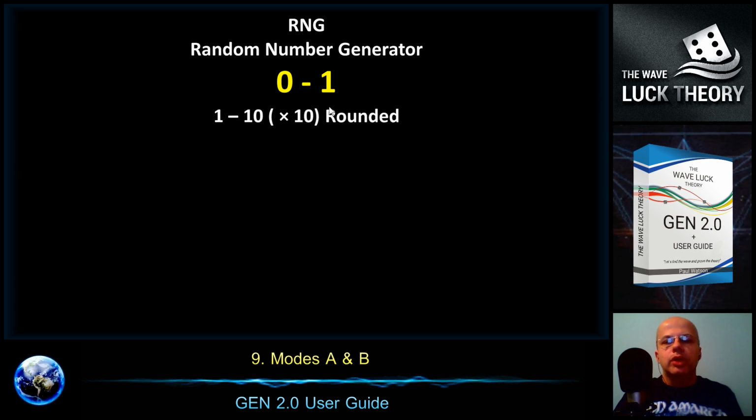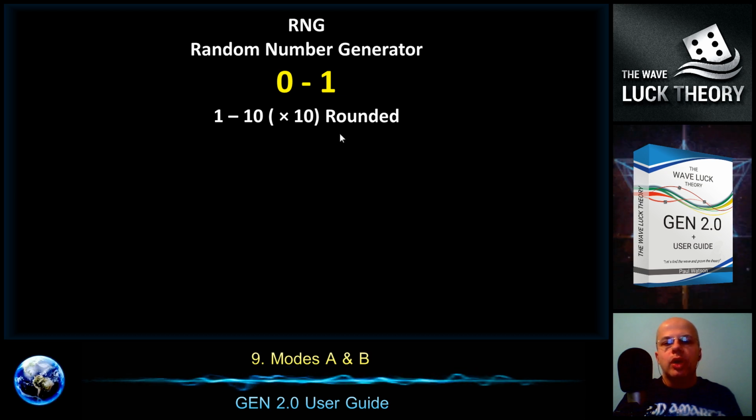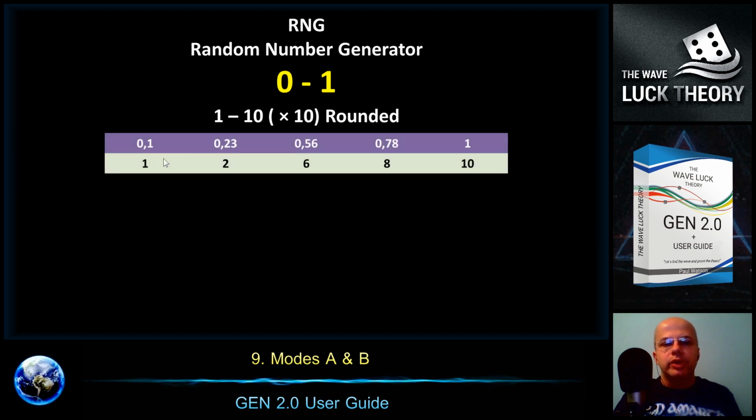So if you want to have range from 1 to 10, you should multiply this generated number by 10 and you should round it. You can see that in this table where 0.1 times 10 is 1 and 0.3 is 2.3, but rounded we have 2. From this one we can have number 6, from 1 is 10.